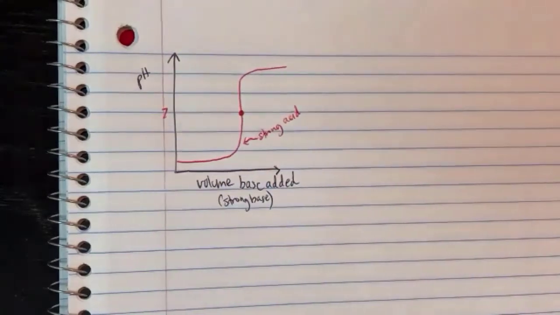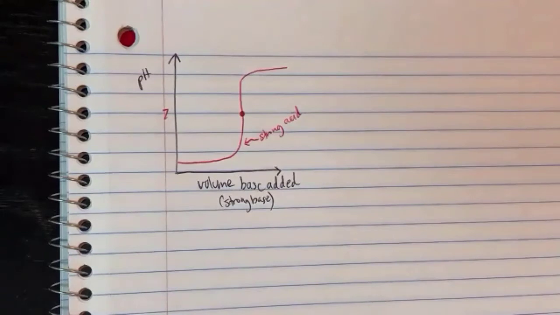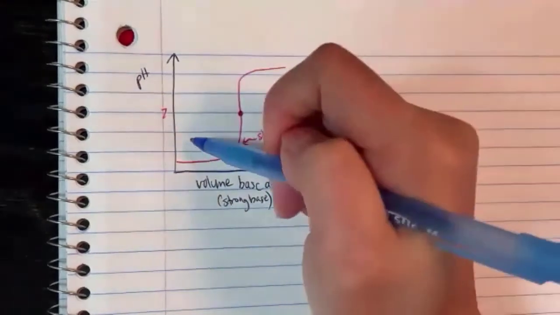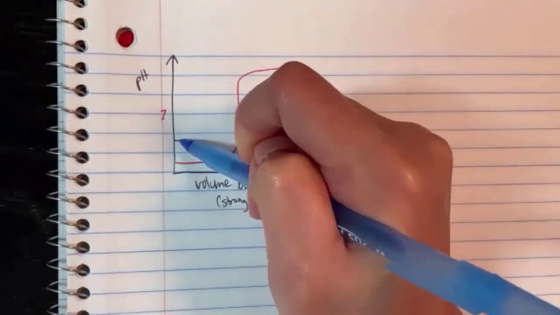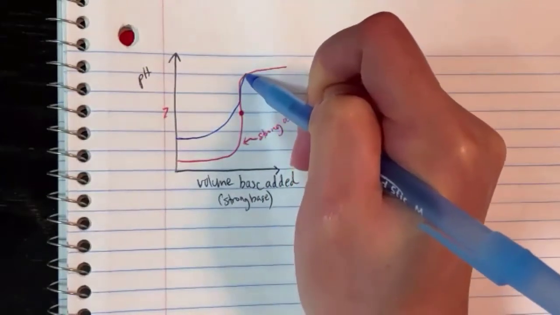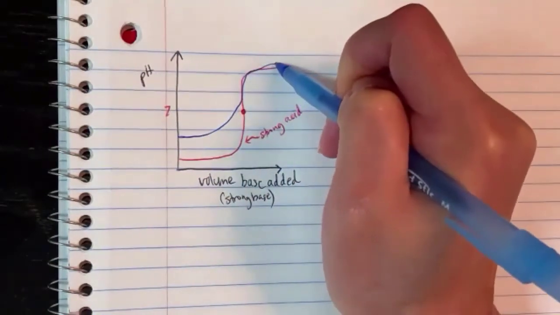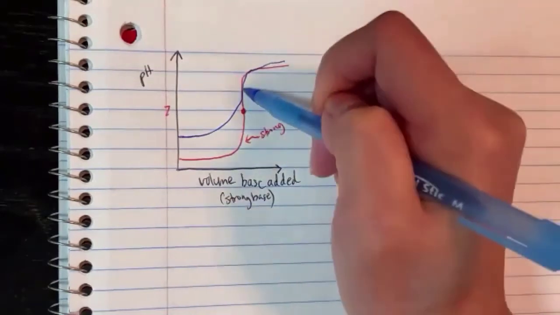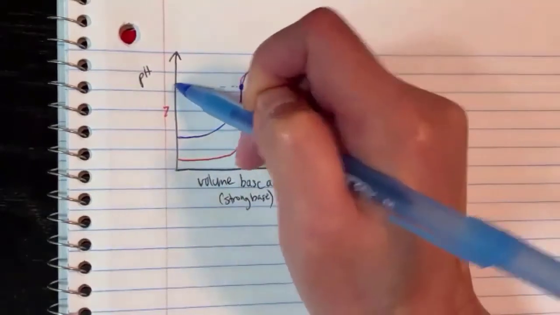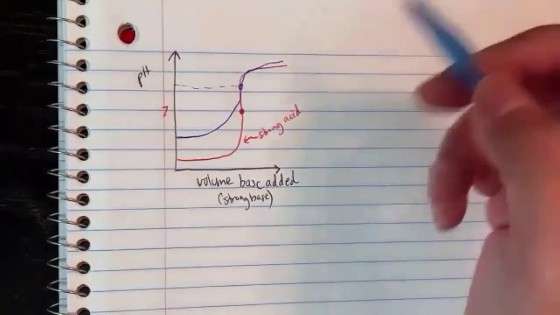Now, if you had a weak acid, let's see, different color. The weak acid would start at a higher pH, and then it will also have a big jump, whatever it is up here. But the jump here, like somewhere in the middle here. So this pH here is going to be higher than 7.